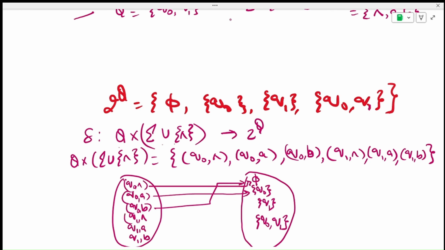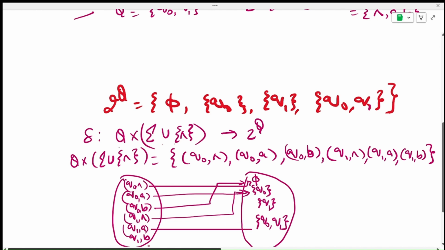Suppose Q1 on reading null is capable of taking a transition, a null transition. It can go to Q0. Q1 on reading A, suppose, is going to Q0 Q1, it means it is going to the Q0 state as well as the Q1 state.